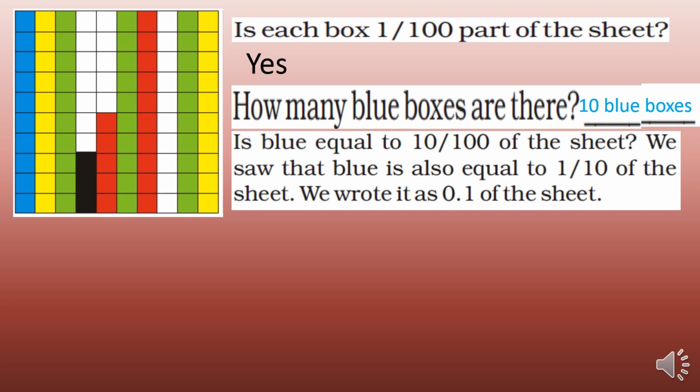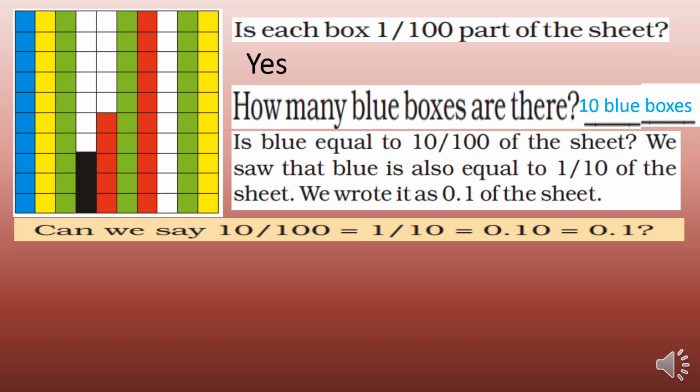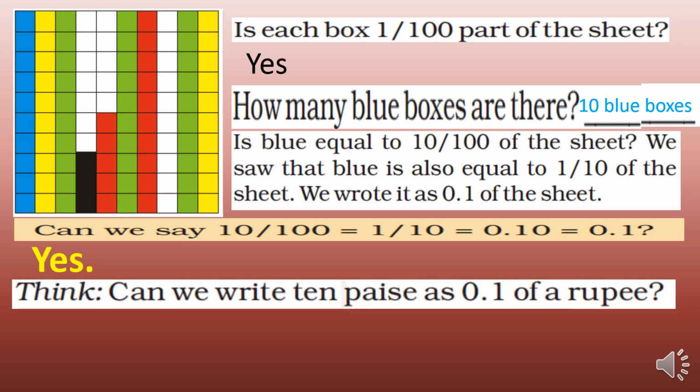We saw that blue is also equal to 1/10 of the sheet, and we wrote it as 0.1 of the sheet, right? So here we can say that 0.1 is equal to 1/10 and is equal to 10/100. So can we say 10/100 is equal to 1/10 is equal to 0.10 is equal to 0.1? Can we say that? Yes, we can.